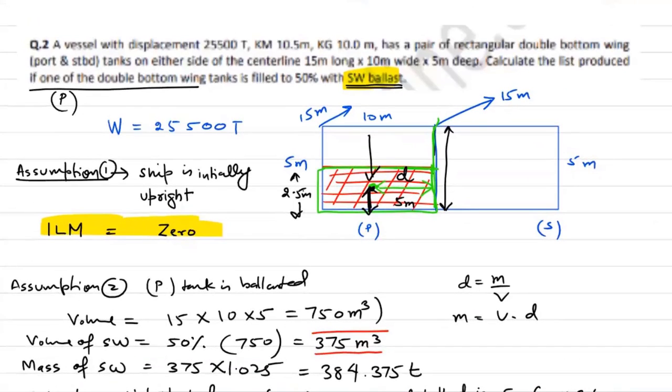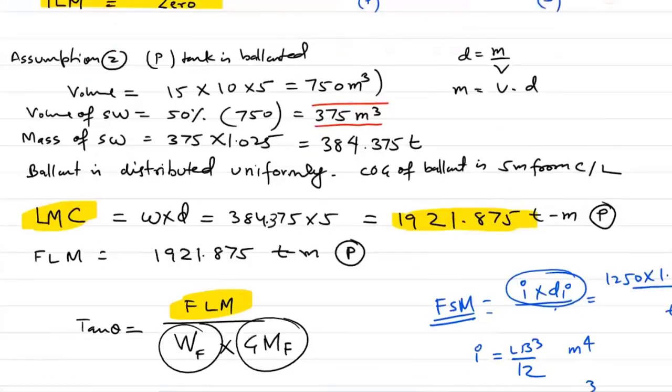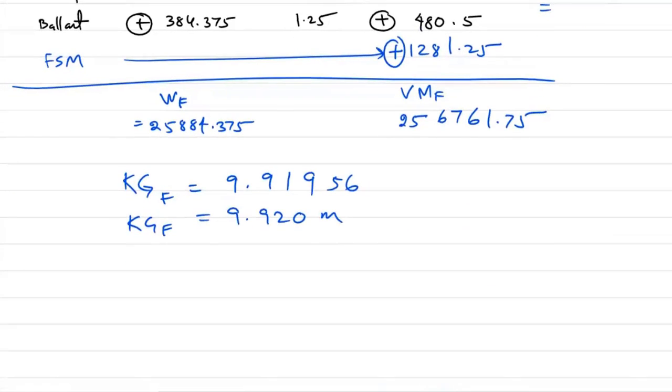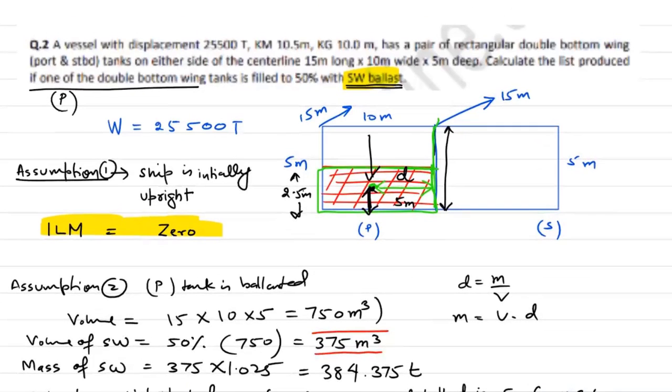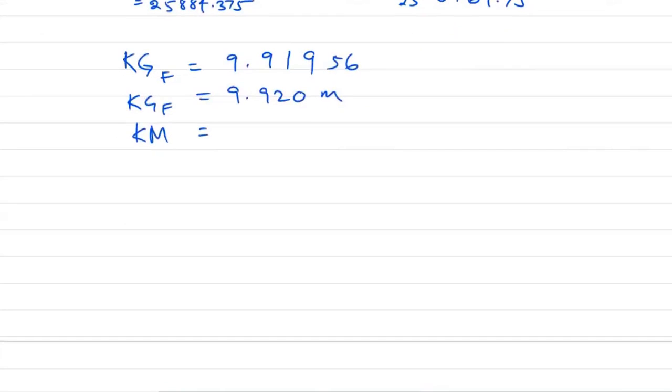KM is how much? 10.5. Assuming KM is constant, because we don't have hydrostatic particulars.